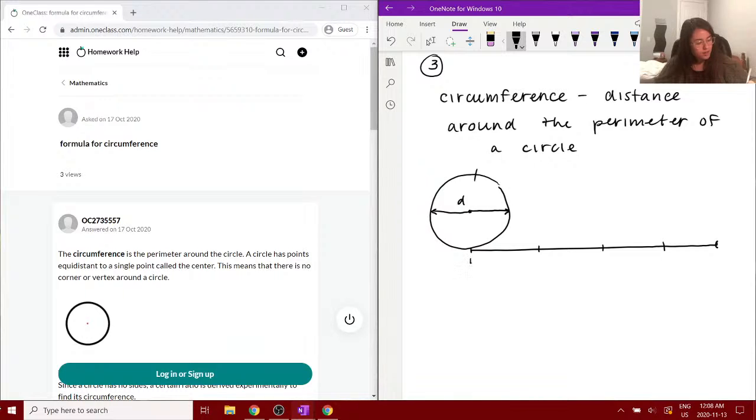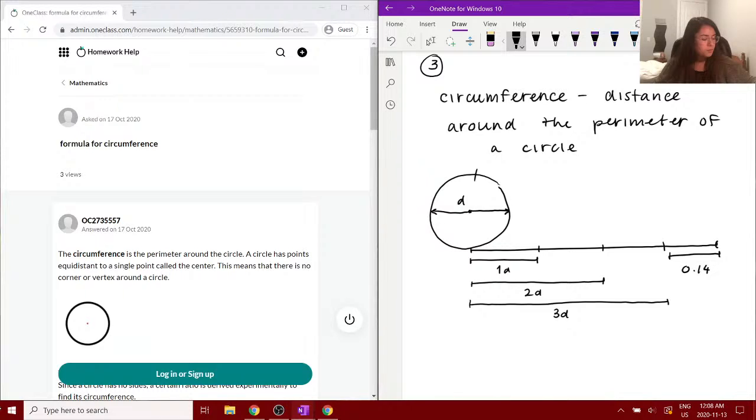So if we had 1 times the diameter, 2 times the diameter here, 3 times the diameter, and then this last part here, obviously not to scale, that would be 0.14, etc., with more decimals, times the diameter.